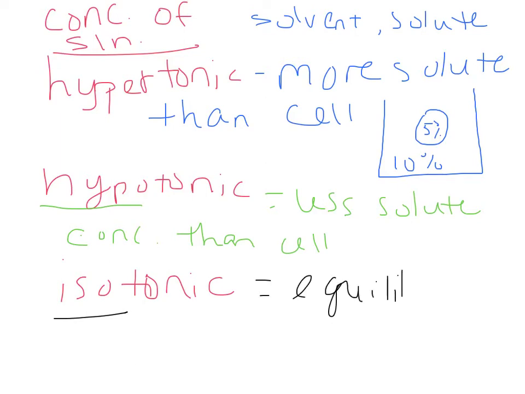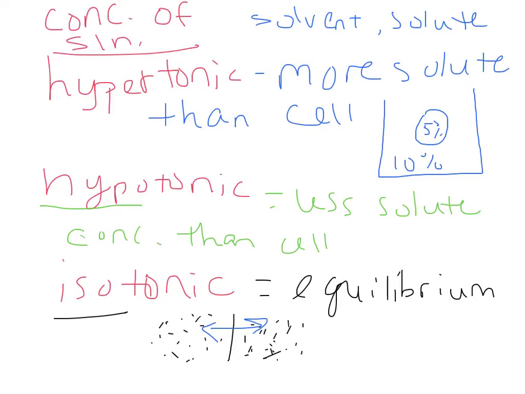We've got the same solute concentration on both sides of the membrane. And remember, those molecules are still moving back and forth once they reach equilibrium, at the same rate. The molecules don't just freeze and stop moving.